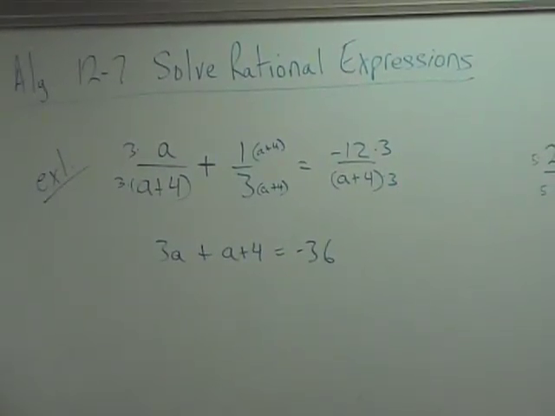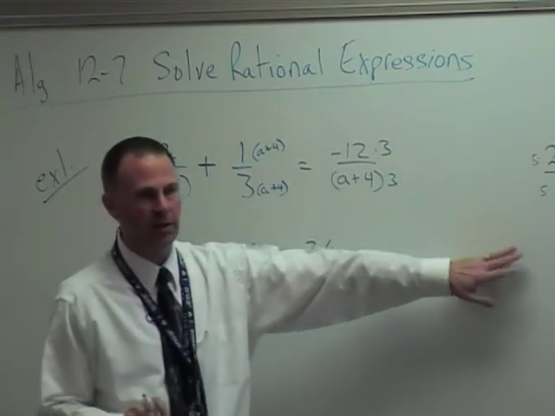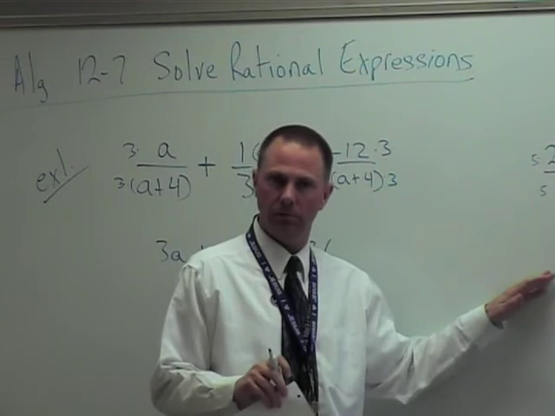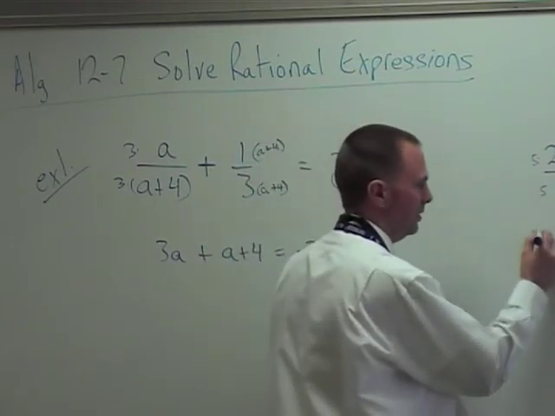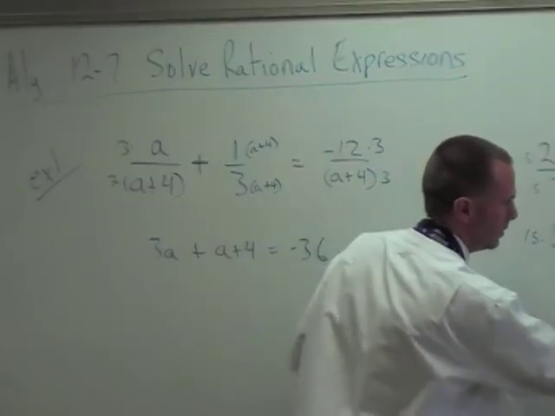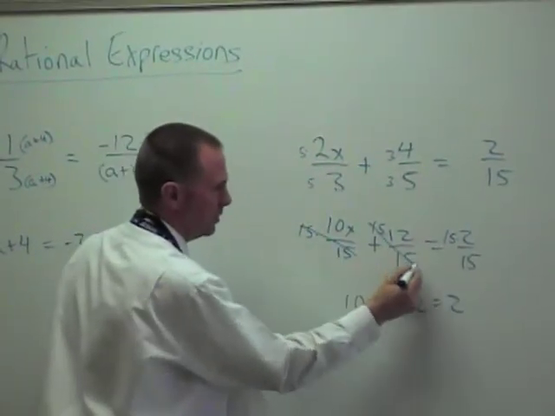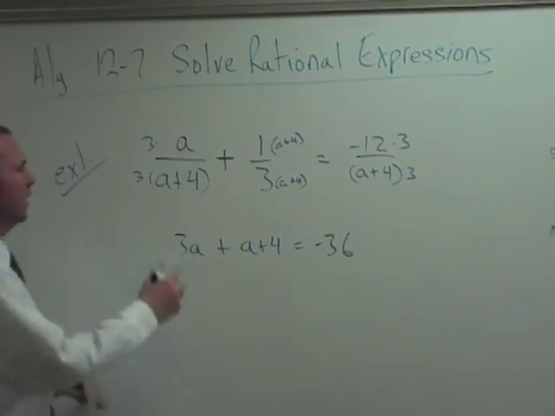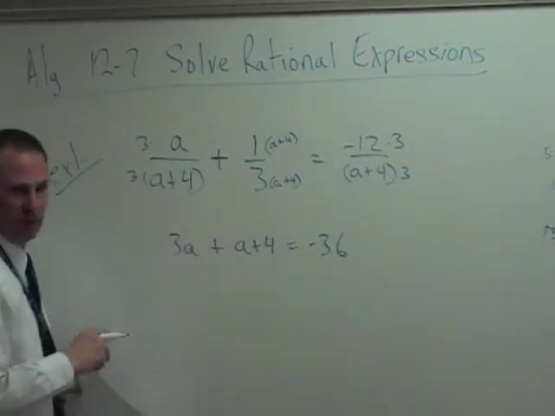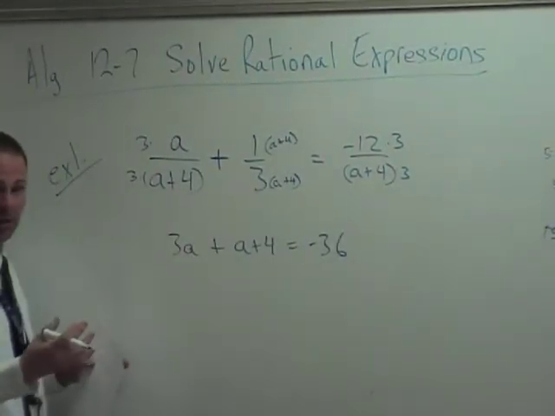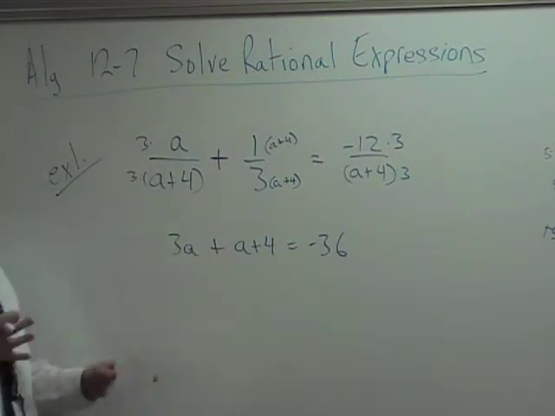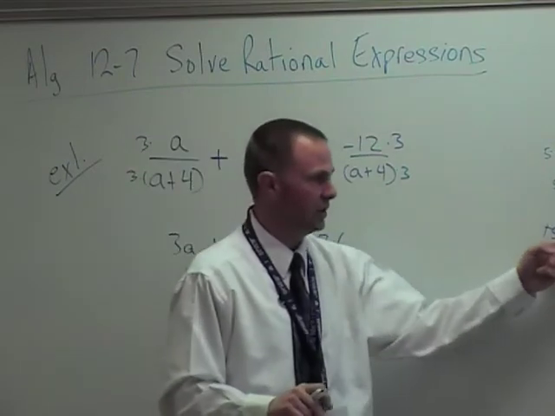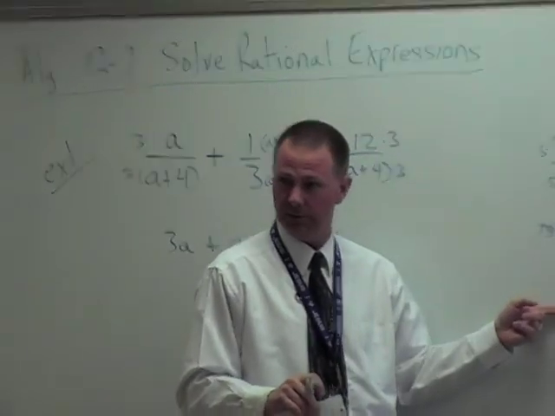Does everybody understand, based on this example over here, why the denominator is gone? If I multiply by 15, don't the 15s reduce to 1? So after I get all of the denominators the same, I multiply by the common denominator on every term, and they reduce to 1, just like these reduce to 1, leaving just 10x over 1.